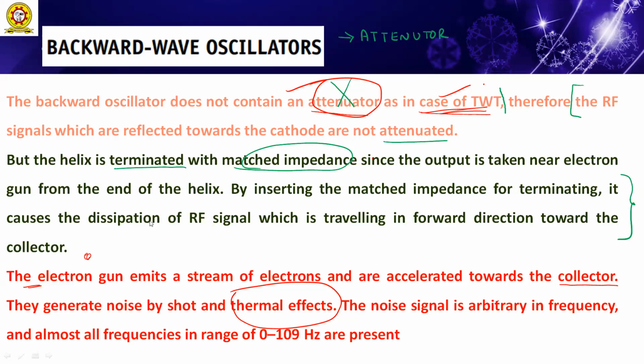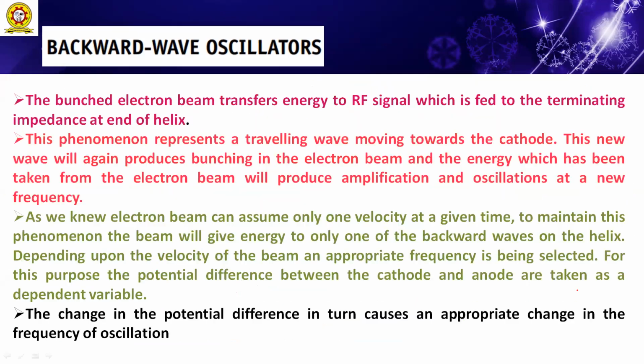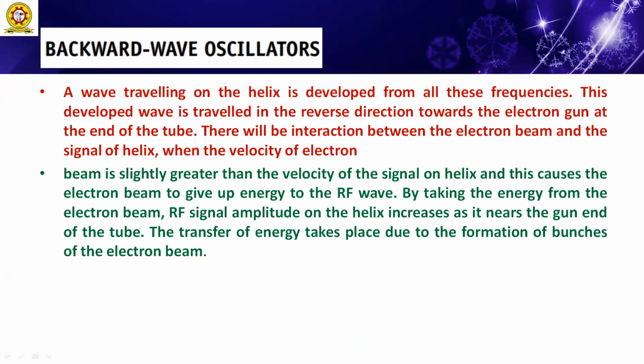The noisy signals generated through this bunching process have arbitrary frequencies, and almost all frequencies available in the microwave band are available in this backward wave oscillator. That is one type of observation we notice here.